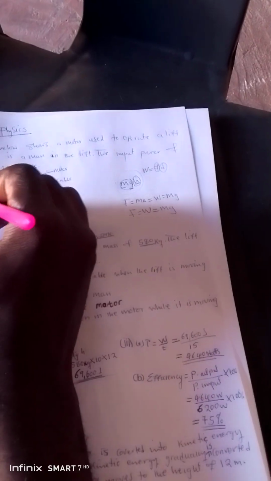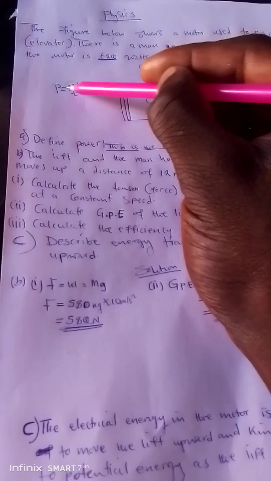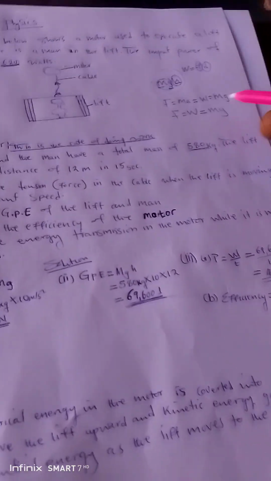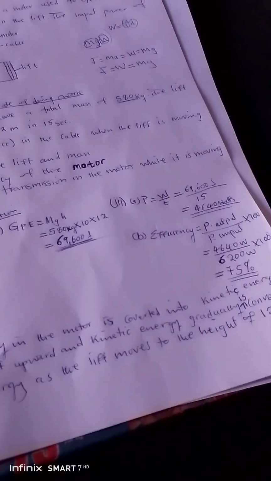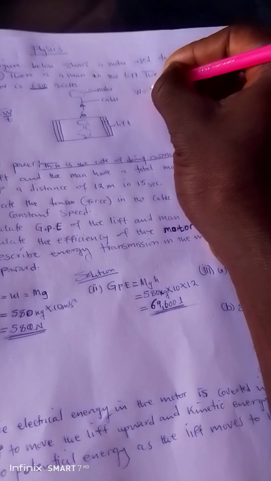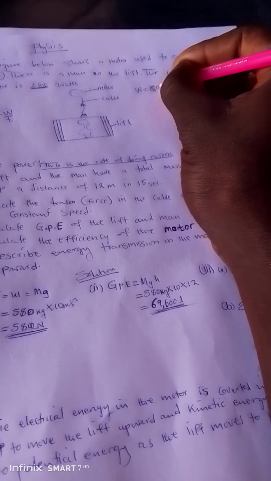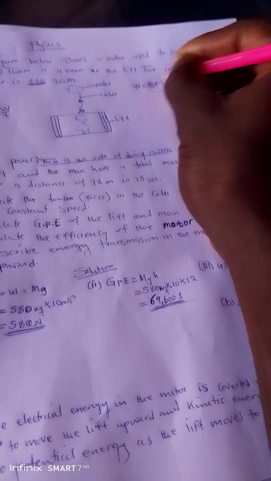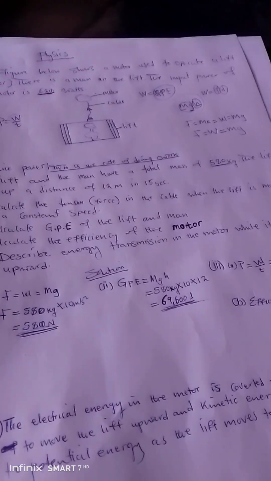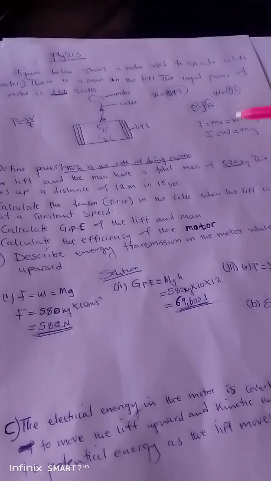We know very well that power is equal to work done over time, of which work done we have already calculated, which is the gravitational potential energy in this case, because this is the work used to raise the lift to the distance of 12 meters.